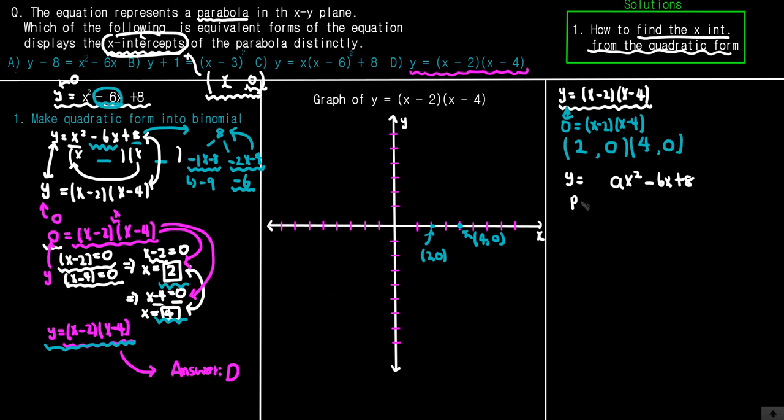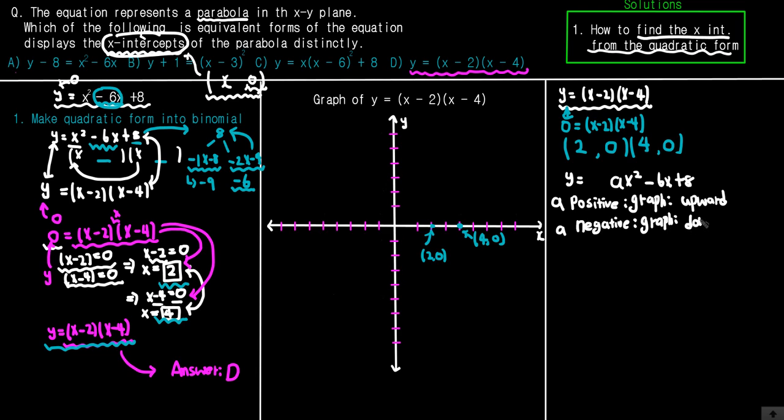And we have learned that when the a value is positive, the graph will go upward. And for the second case, when the a value is negative, the graph will go downward.